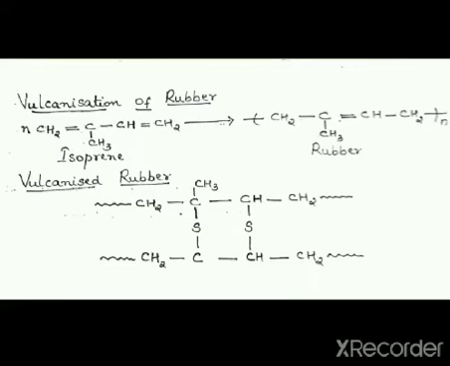For that, raw rubber is heated with sulfur at a temperature range of 373 to 415 Kelvin. What happens during vulcanization? Upon vulcanization, sulfur forms cross links at the reactive sites of double bonds, as a result of which rubber gets stiffened.